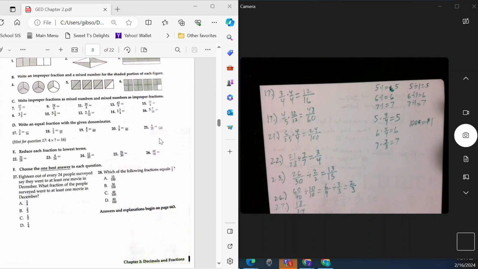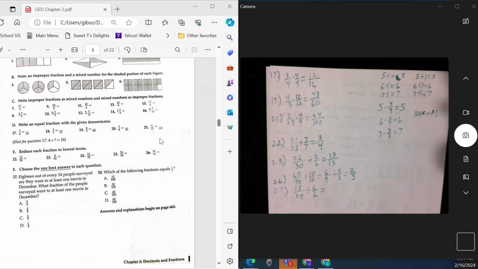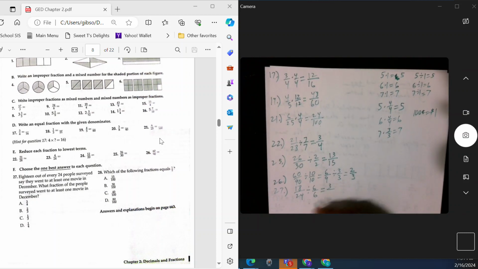So 18 out of 24, we find out what they have in common. Let's try 6. Divided by 6 over 6. 18 divided by 6 is 3. 24 divided by 6 is 4. So your answer would be 3/4, which is A.